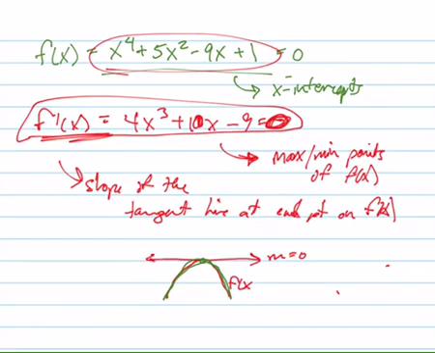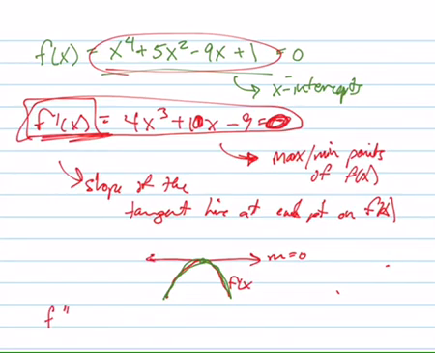That means that point was where it stopped increasing or decreasing and then started doing the opposite. So the rate of change at that particular point was 0. That's calculus 101 right there.